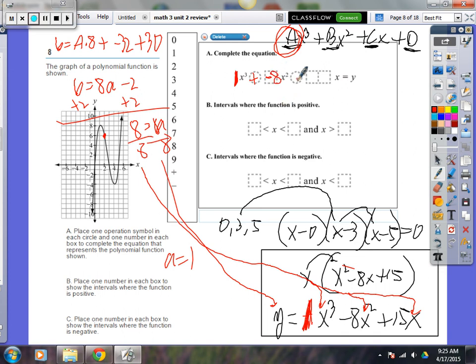You're going to have to do minus 8 because we don't have any -8s here. So that's minus 8x squared, and then a plus 15x. So that's kind of a nasty problem.